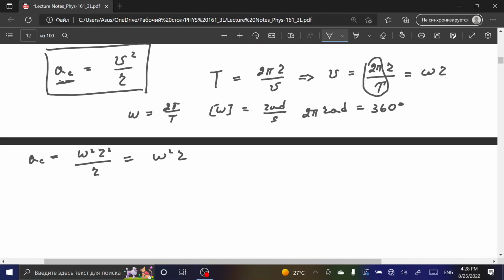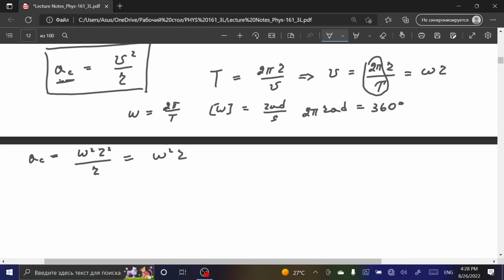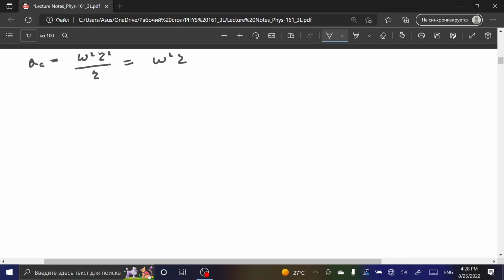So having introduced these parameters, in particular angular velocity, we can proceed further and start discussing our system which we want to use for the analytical derivation of the equation which describes the centripetal acceleration vector as a function of time. So now we consider such a system: a system of coordinates with x and y axes.